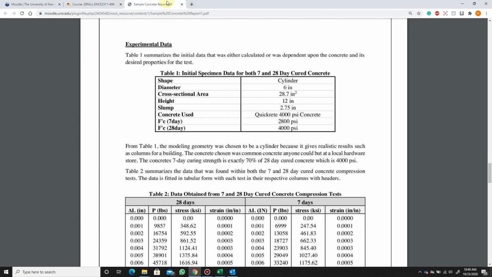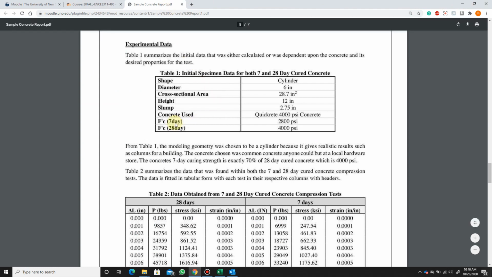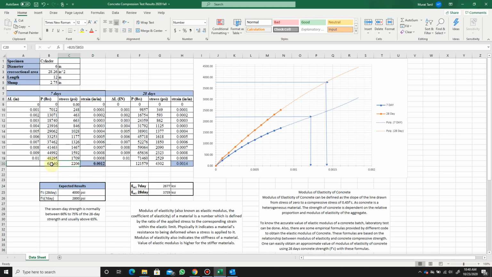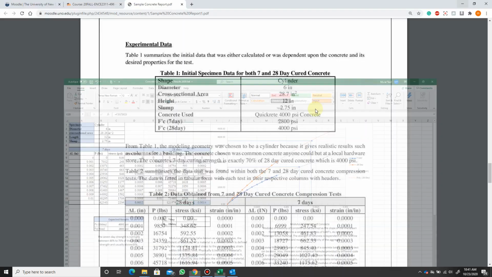After you complete your calculations, you can include your concrete compressive strength at 7 days. In our calculations, with this data, you should have 2,206 psi concrete compressive strength at 7 days and 4,302 psi at 28 days.